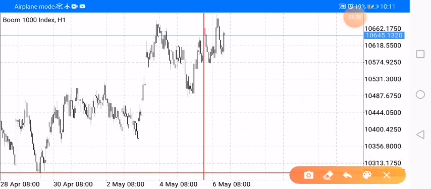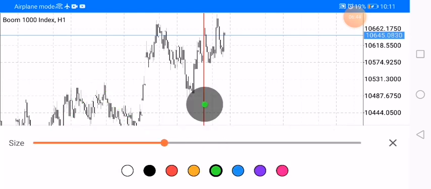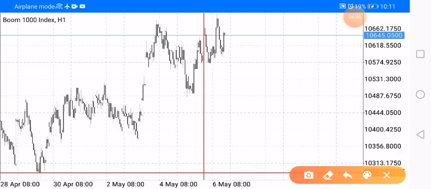Sorry guys, it's very thick. Price has been forming higher highs, higher lows. To put it into better perspective, as you can see, it went up around this point, came down, went up, came down.